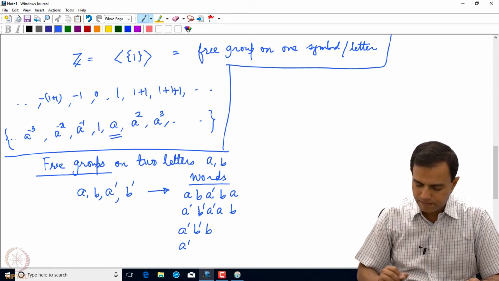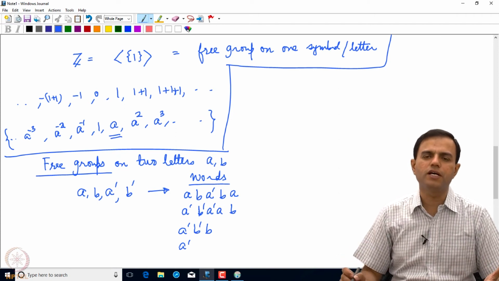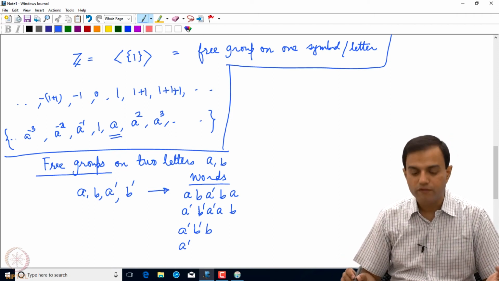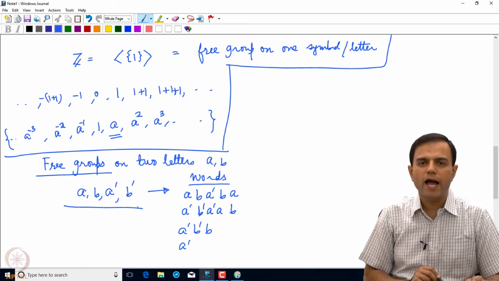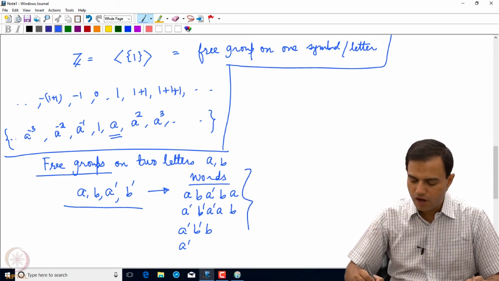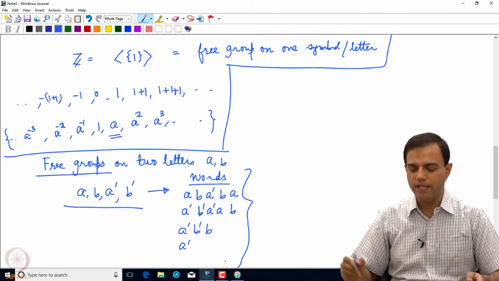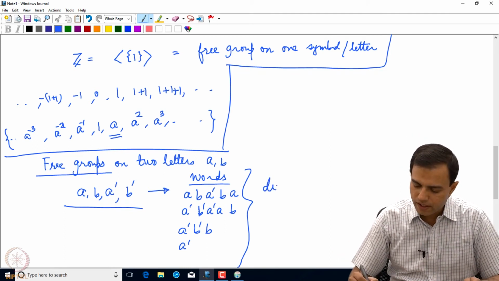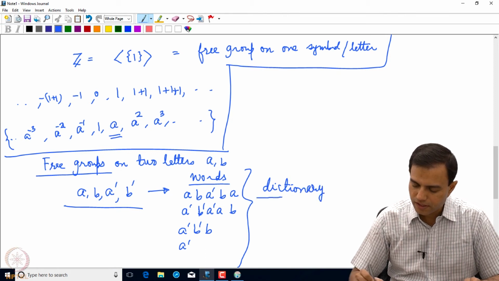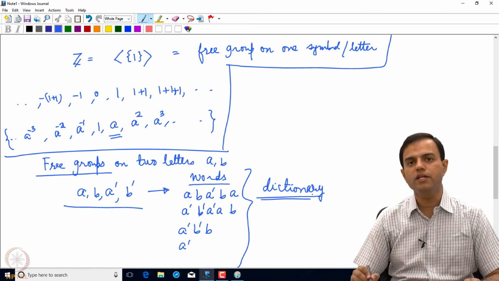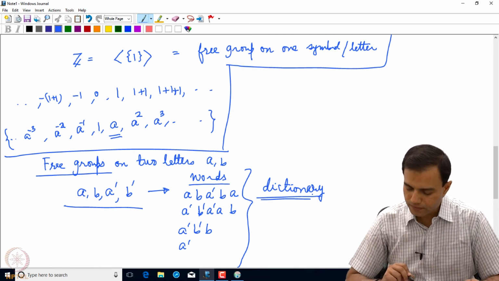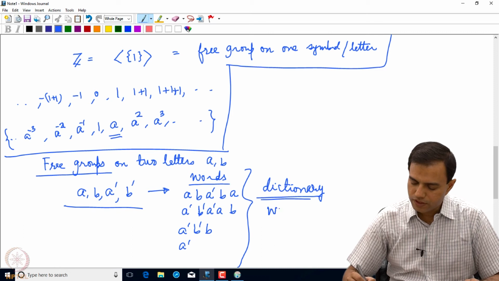A prime. That is one. So there are so many words which are there. So what am I doing? With these 4 letters, I am constructing actually all possible words of all possible lengths. So I am constructing a dictionary out of all these words, words of all lengths.